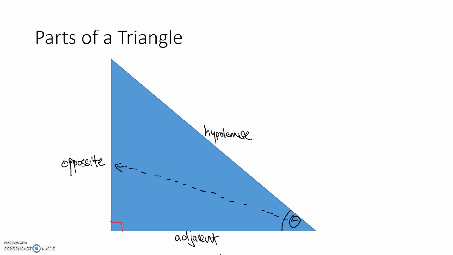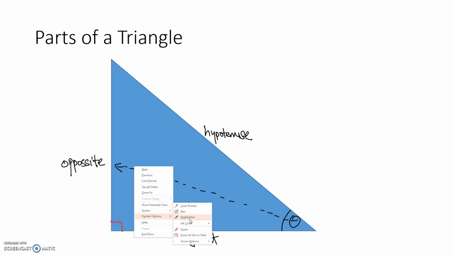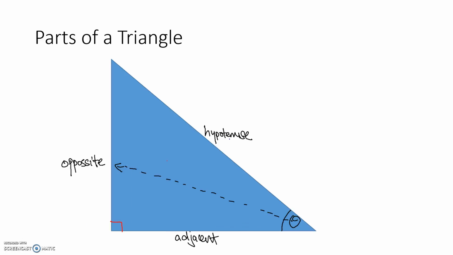Okay, so it's important to know which angle you're looking from, because as we said just now, there's another angle alpha, which is over the top here of the triangle. Now, if we look from the perspective of alpha, and you draw a line to the opposite section of alpha, you notice that the side opposite to alpha is at the bottom instead, and is different from the opposite side to theta.